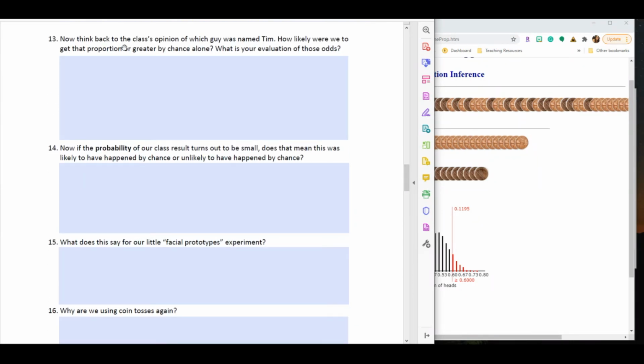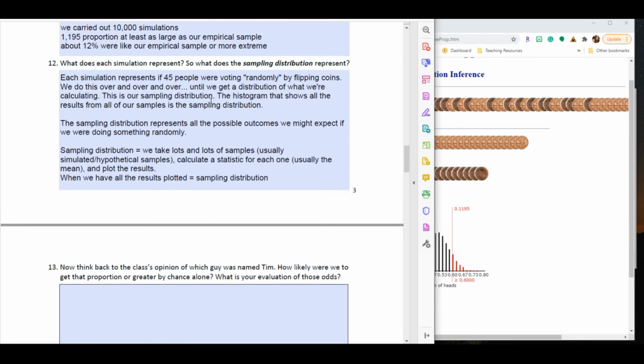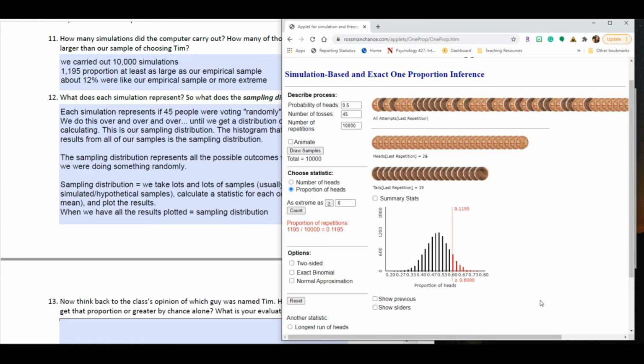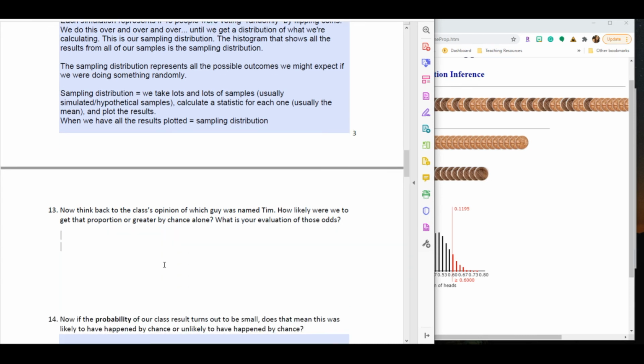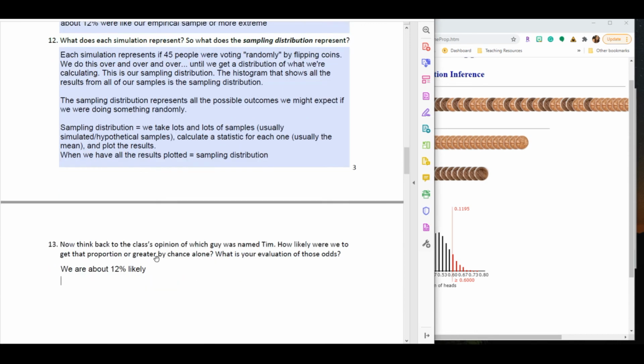How likely were we to get that proportion or greater by chance alone? So, in this case, according to our simulation, and again, yours is going to be a little different than mine probably, we are about 12% likely, right? Because about 12% of the time it came out like ours.